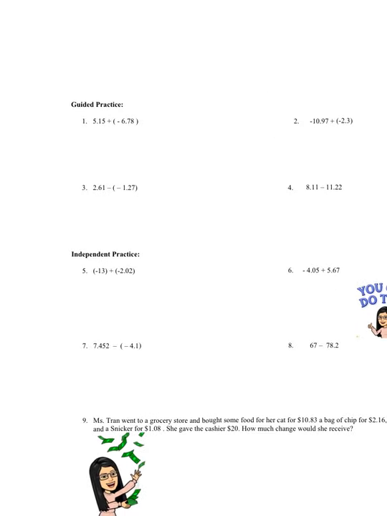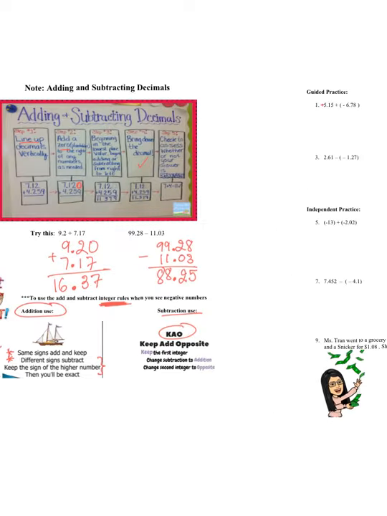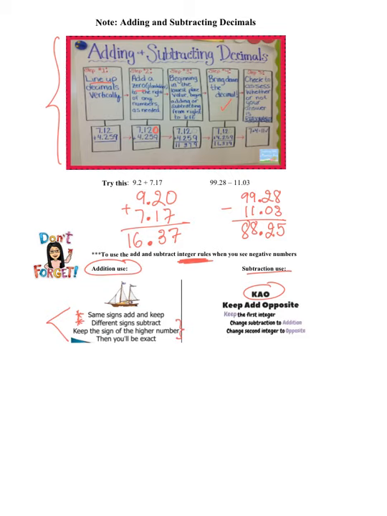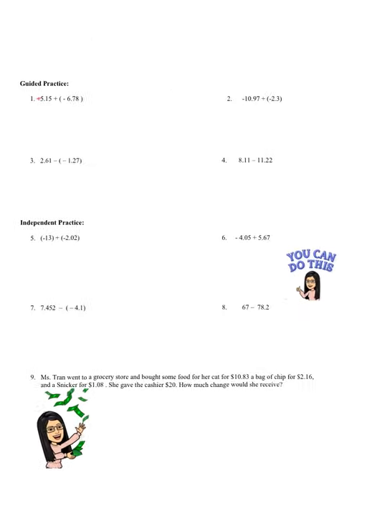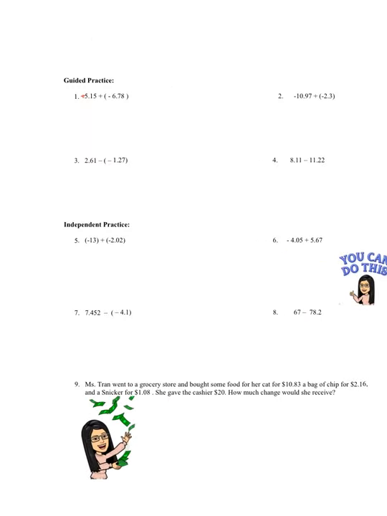Number 1. You have 5.15 plus negative 6.78. So they are different signs. One is positive, one is negative. So different side, you're gonna subtract. So subtract 6.78 minus 5.15. 8 minus 5, 3, 7 minus 1, 6, 6 minus 5, 1.